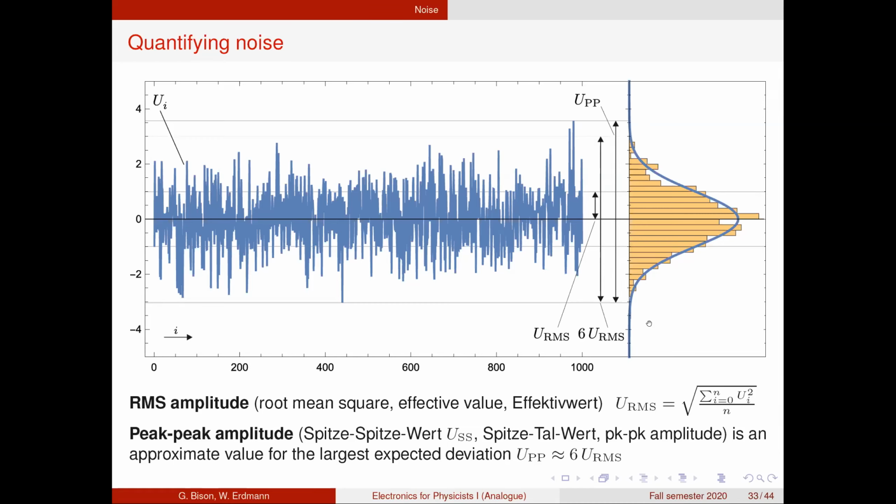So this corresponds to a 99% area of this curve. And so if you don't look too long, you don't expect to see voltage values that are larger than this. And then you have a statistically sound way to define the peak voltage. And that's often used in specifications.